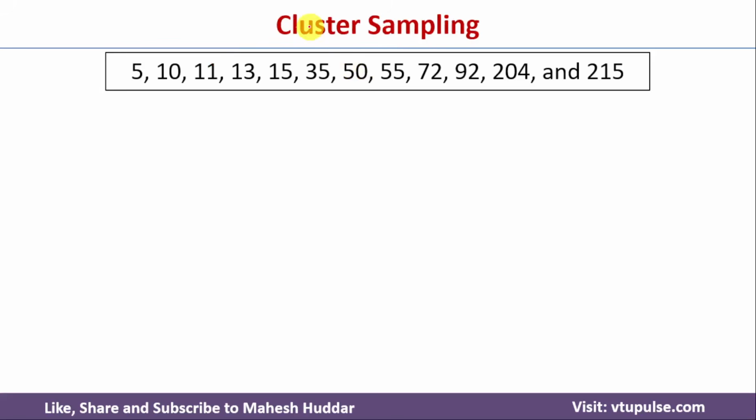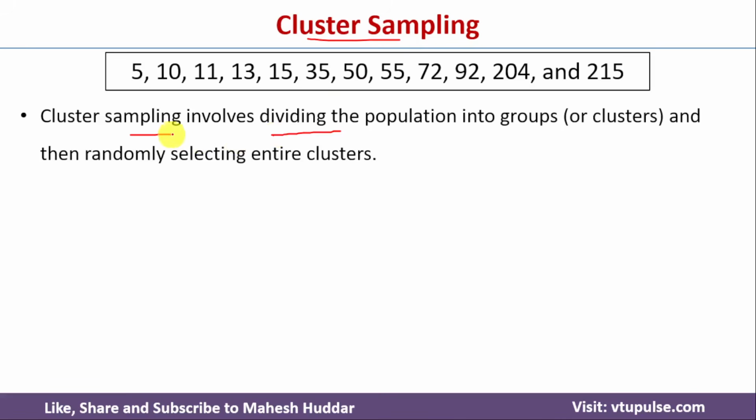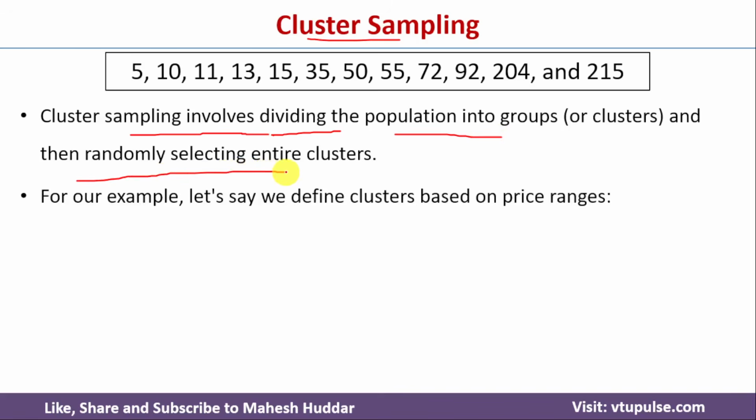So the next one is cluster sampling. The cluster sampling technique involves dividing the population into groups and then randomly selecting an entire cluster. For example, here we have divided the data set based on price ranges.